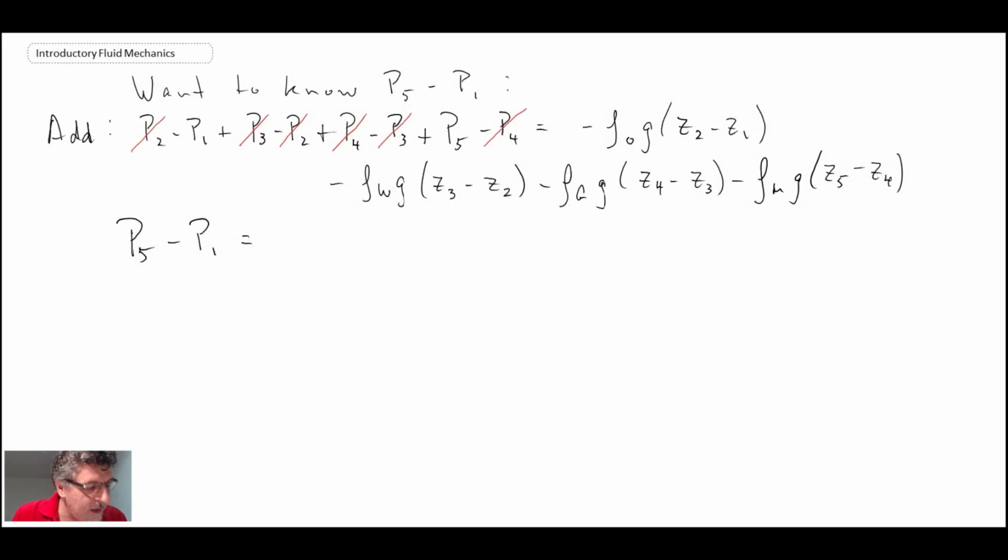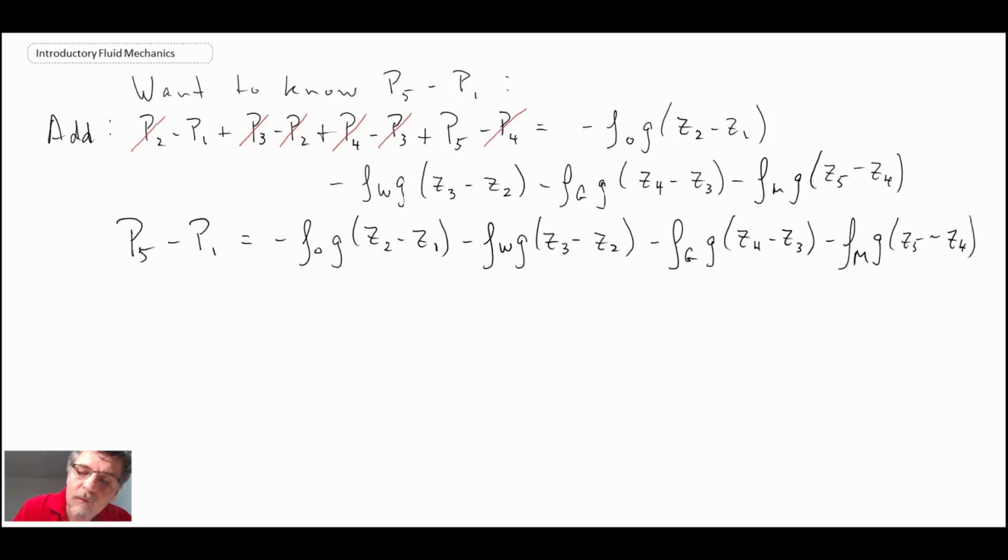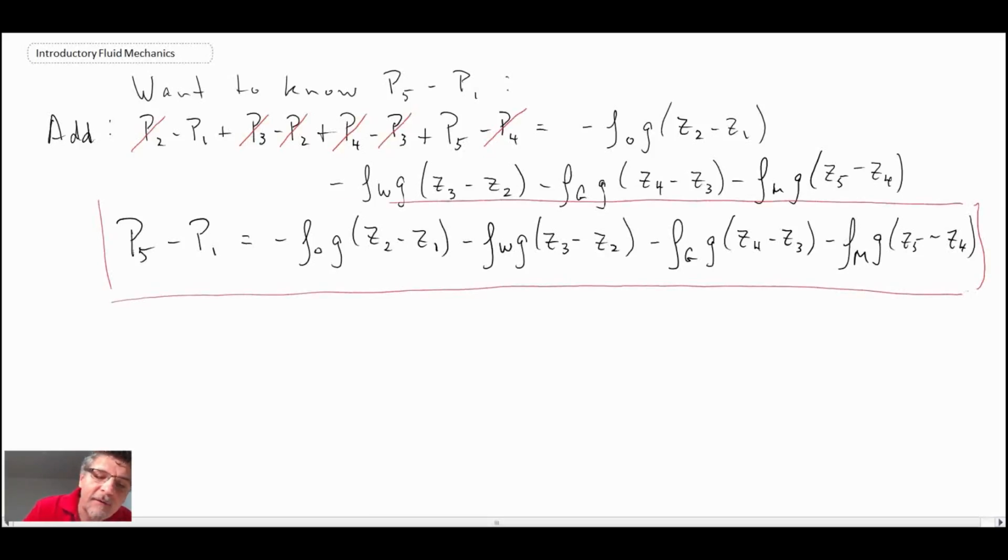For the right-hand side, there's no way to cancel out the terms, so we'll just explicitly write it all out. So we get that for the expression, and this would then enable us to determine the pressure at 5, knowing the pressure at 1 on the surface.